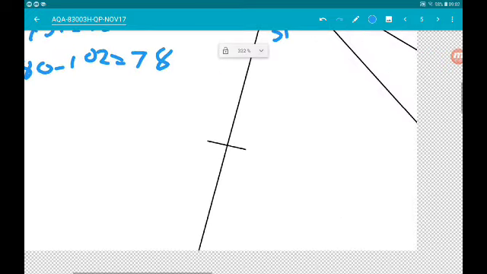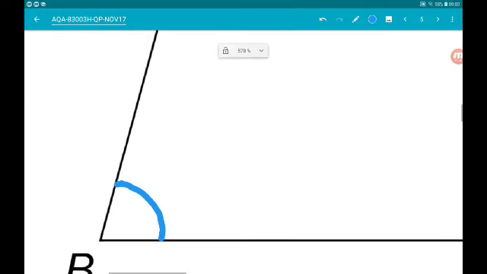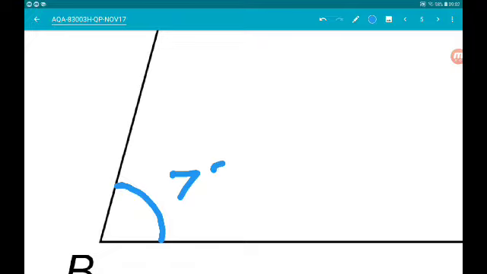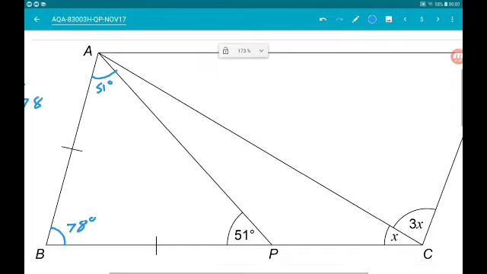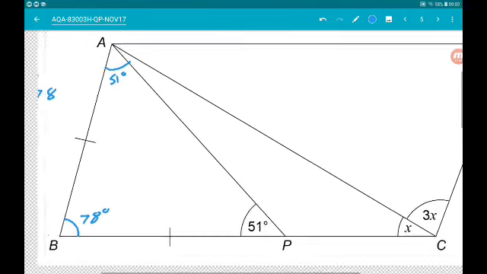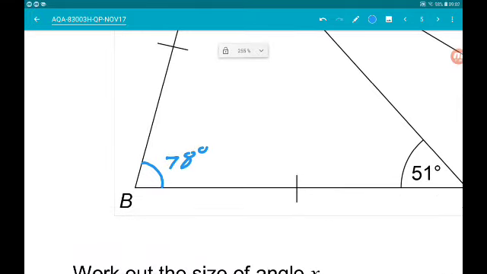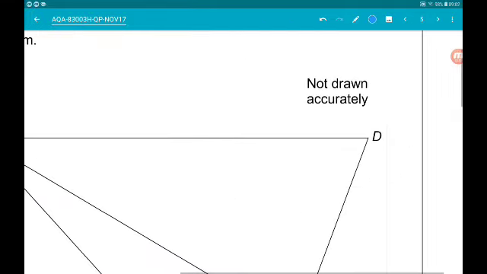So, this angle down here is 78 degrees. Now, in a parallelogram, opposite angles are equal. So if this one down here is 78, this one up here is also 78.